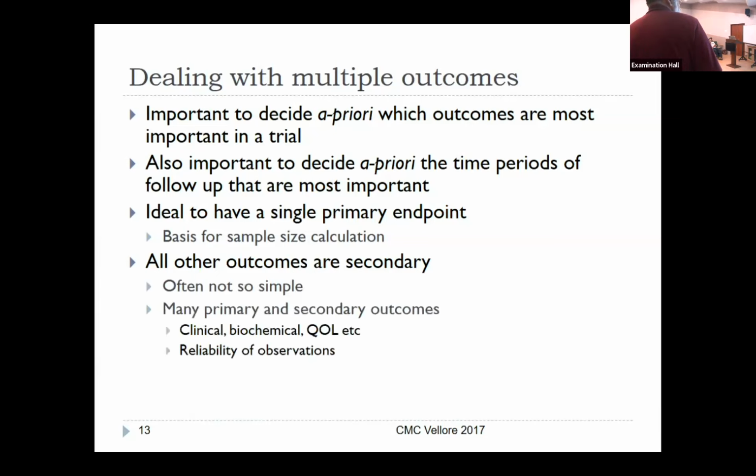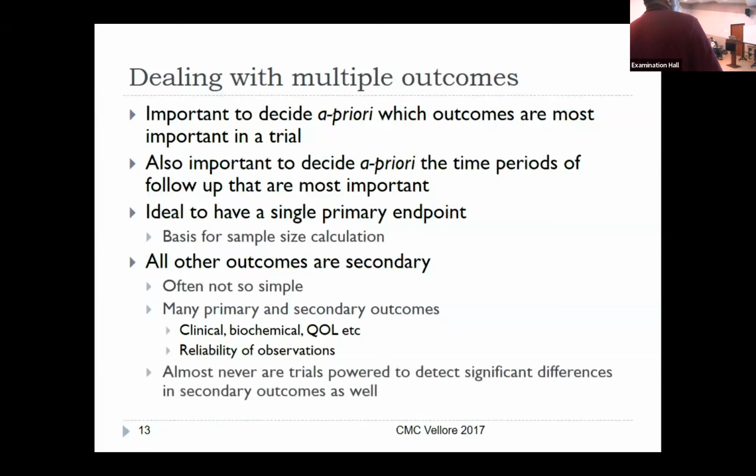This is not so simple to do. People have many primary and secondary outcomes, and almost never are trials powered to detect significant differences in secondary outcomes. So my advice is always save your alpha for your primary outcome, for the primary analysis of your primary outcome. If you have multiple ones, then share that among them. But that's the alpha that you have. Everything else that you put in your paper should be describing, exploring what you see.